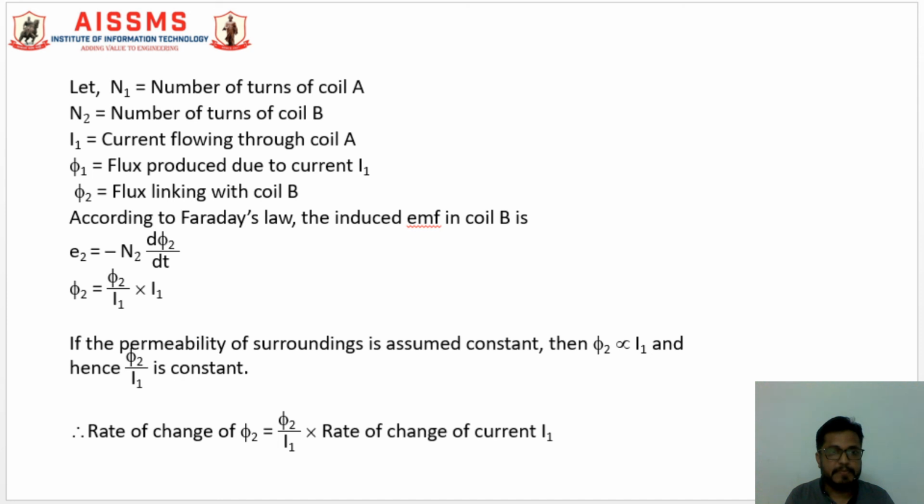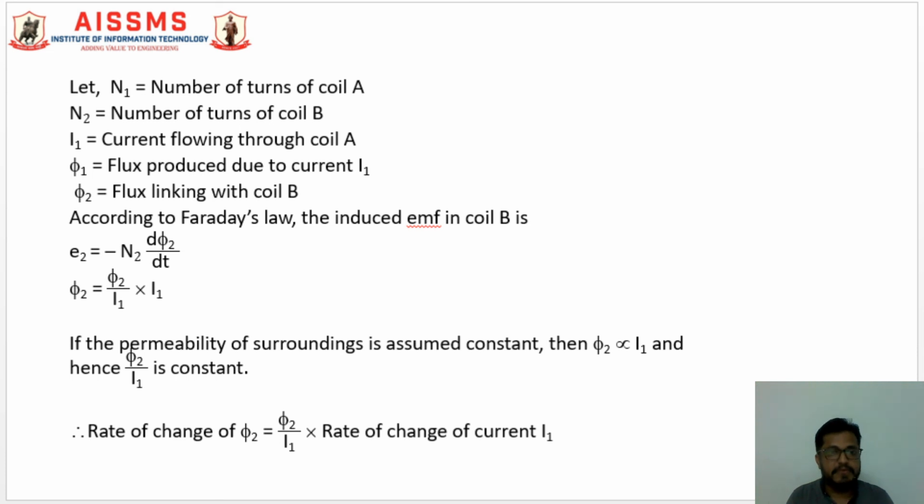If the permeability of the surroundings is assumed constant, then phi2 is proportional to I1. So this phi2 by I1 becomes constant, and that's why we now have phi2 equal to a constant multiplied by I1.